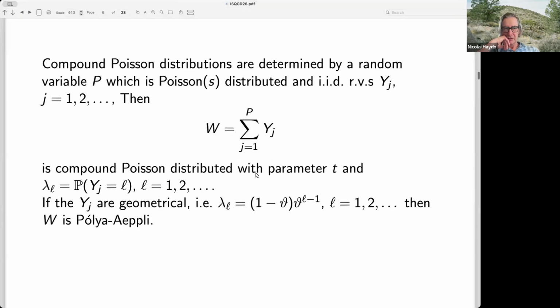So here, to remind ourselves what a compound Poisson distribution is, because I've talked a little bit more about this. So capital P is just straight Poisson. And then one adds up these IID random variables that assume positive integer values, namely hits. They're counting hits.